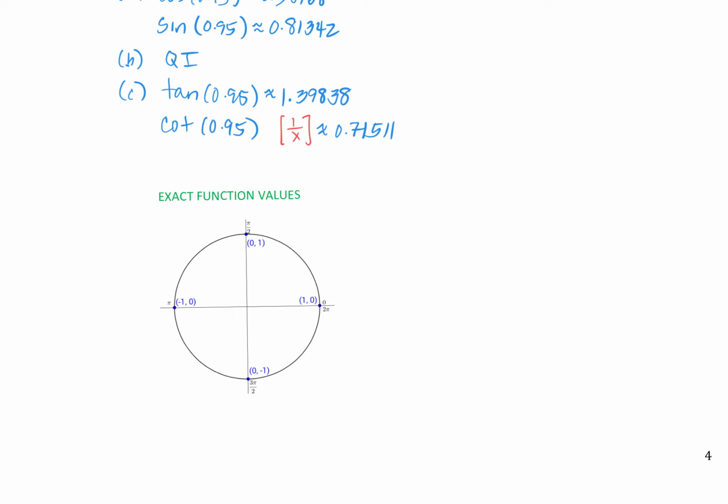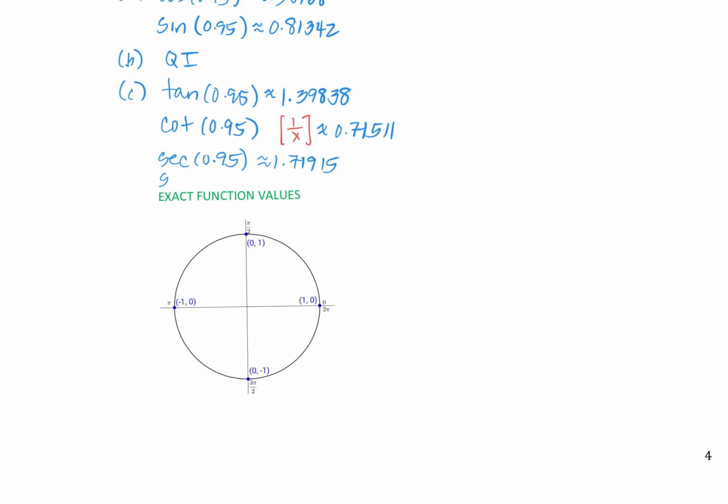And then secant, you would do the same thing. Remember, secant is the reciprocal of cosine. So find cosine of 0.95 and use that 1/x feature in your calculator, and you should get 1.71915, and I'll stop there.